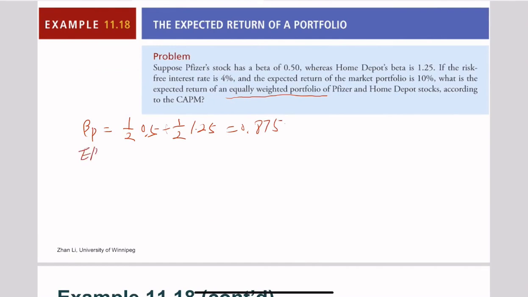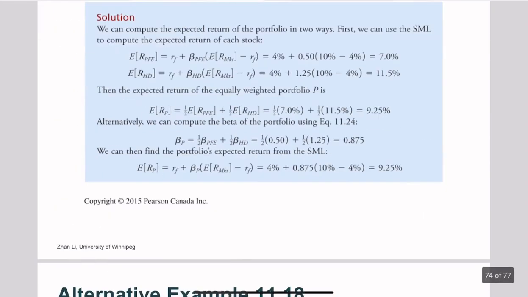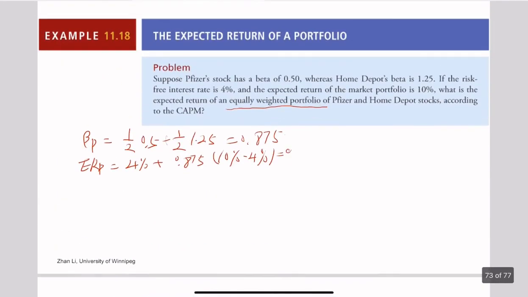The expected return of the portfolio, R_P, equals the risk-free rate of 4% plus beta times the market return minus 4%. This gives us 9.25%.